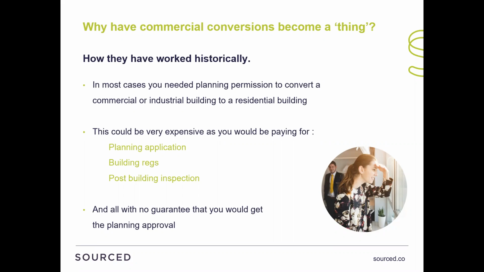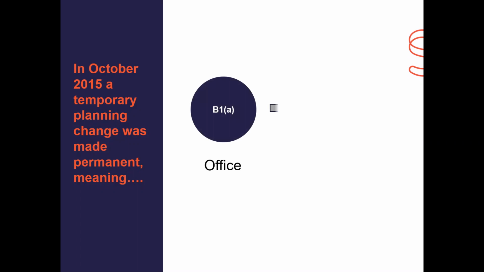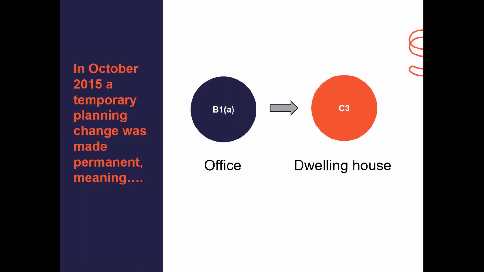And so historically, commercial conversions have been avoided in favour of safer investment. But in October 2015, a temporary planning change was made permanent, which meant that a B1A office could be converted into a C3 dwelling house under permitted development.